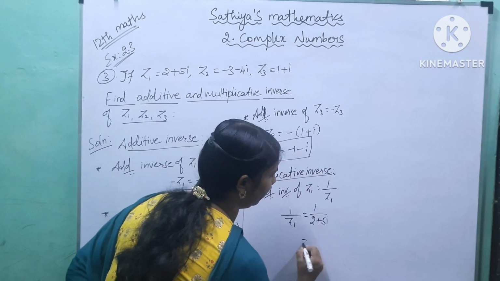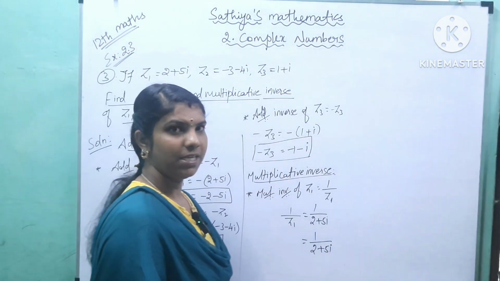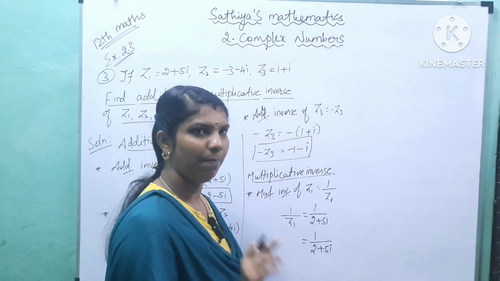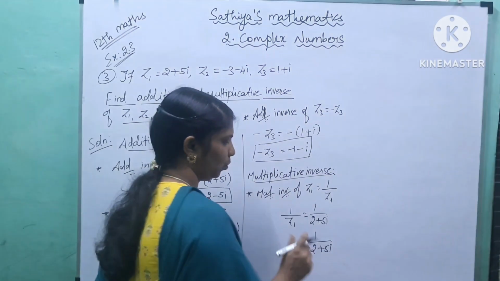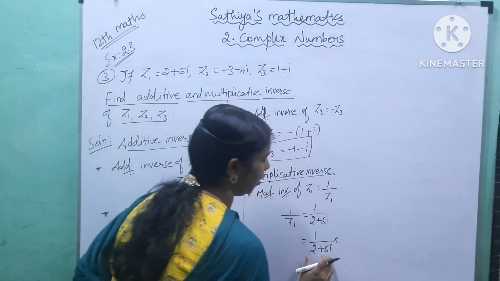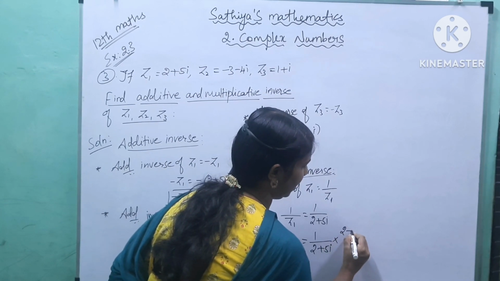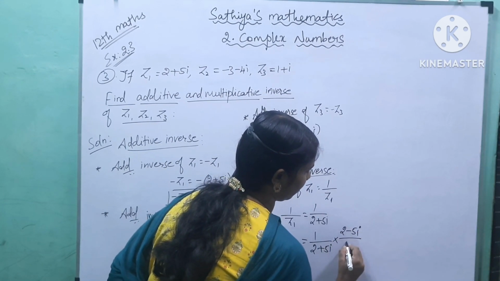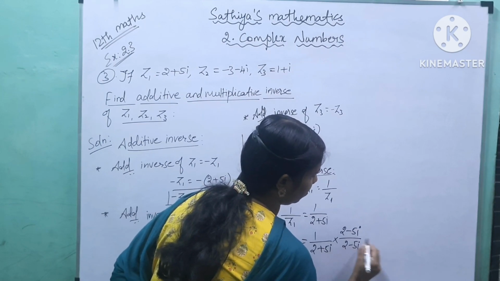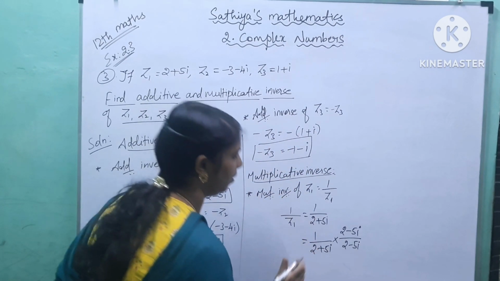What is a conjugate? Conjugate is nothing but changing the sign of the imaginary part alone. So multiply and divide by the conjugate of 2 plus 5i. Conjugate of 2 plus 5i is 2 minus 5i. Just change the sign of the imaginary part alone.